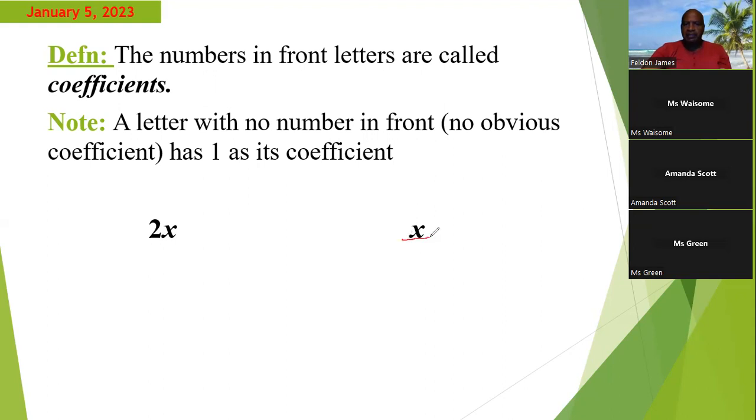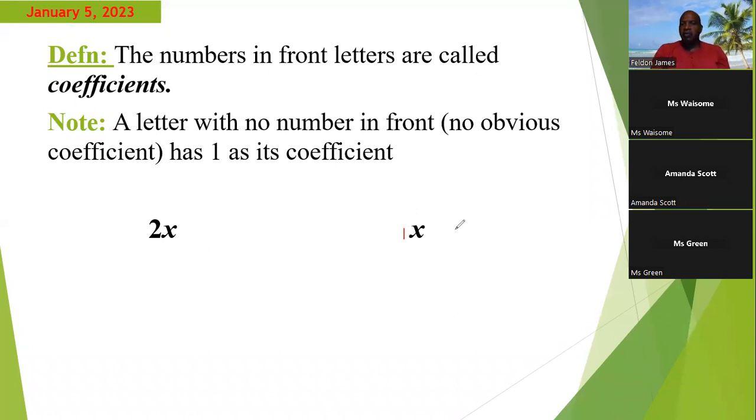Now, if you look at this x by itself, and we ask, what is the coefficient? Then you might be tempted to say that there is no coefficient because there is no obvious number in front of the x. But we always take it that there's an invisible 1 there. So every unknown where there is no number in front of it has a coefficient of 1.